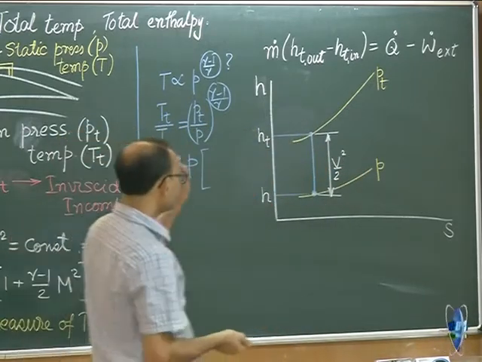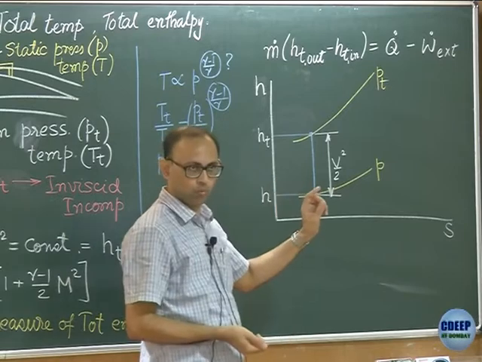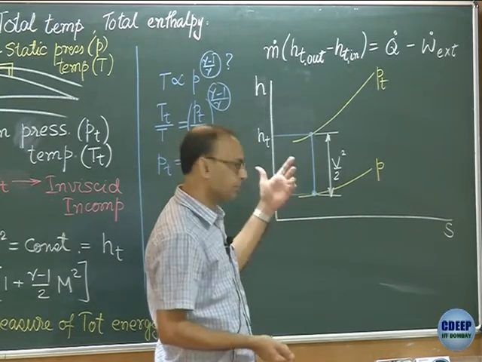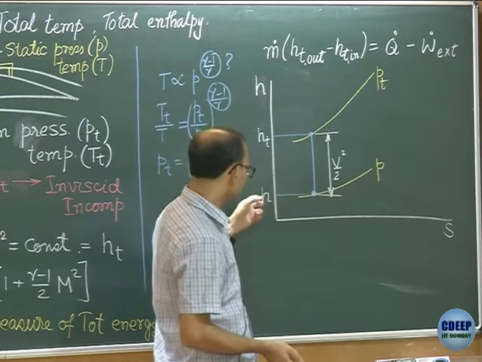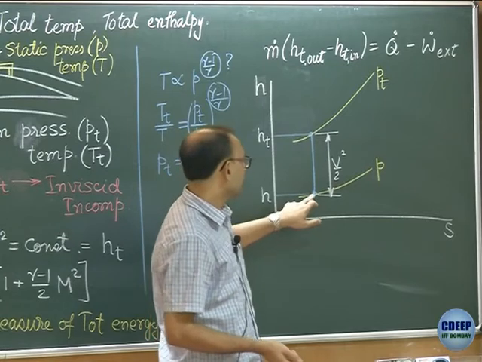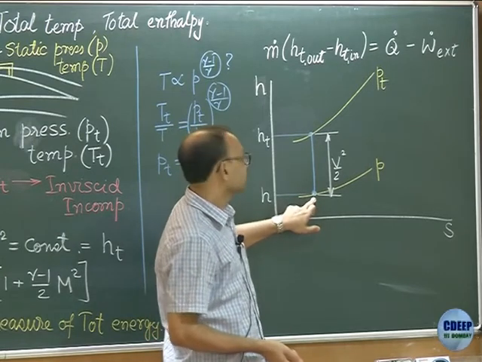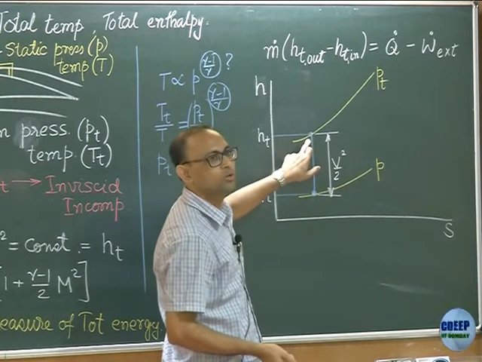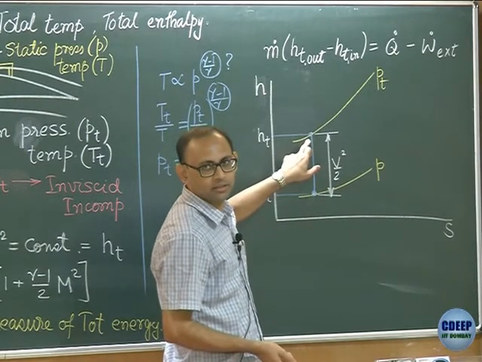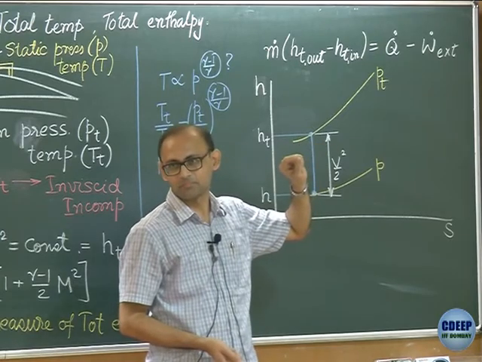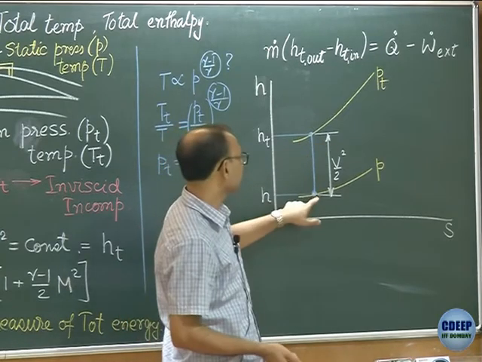So for every point in the flow, wherever it is, you can plot the value of temperature and entropy, or enthalpy and entropy. You will get a point on the HS diagram. For every point on the HS diagram, if you add V square by 2, you will get another point, which is the total enthalpy or the stagnation point corresponding to the point in the flow.